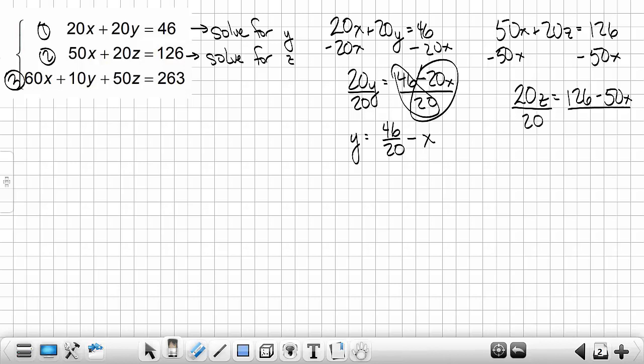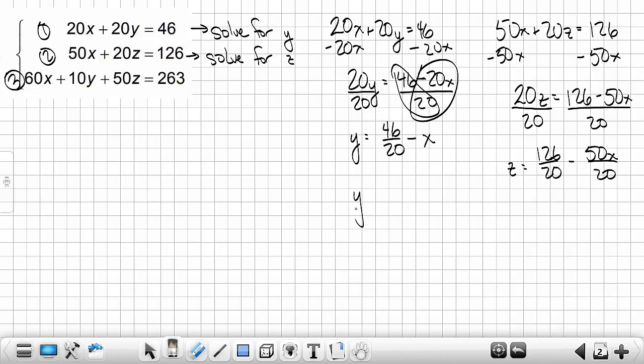Divide both sides by 20, and I'm going to get z is equal to 126 over 20 minus 50x over 20. On both these, I'm going to reduce it really quick.